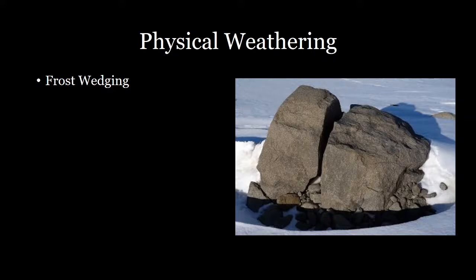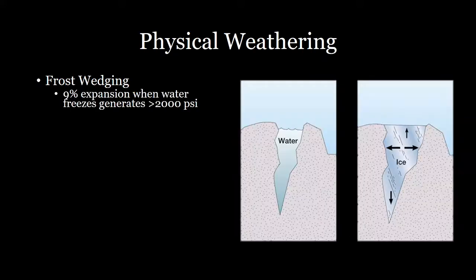Frost wedging is when water seeps into a crack in a rock, and then it freezes. As it freezes, ice expands. Ice is less dense than water, so it expands when it freezes.